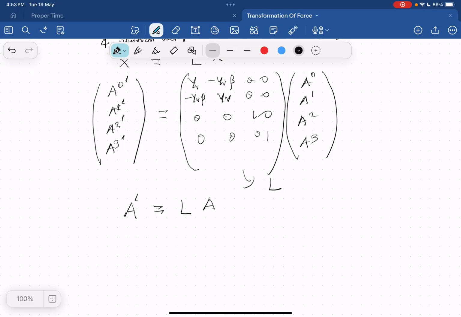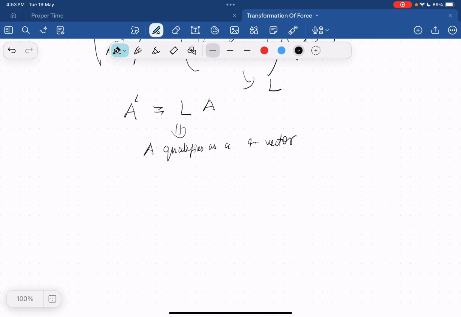So we'll say that A qualifies as a four vector. So a four vector is any set of four quantities which transforms according to Lorentz transformation. So that is to be kept in mind.